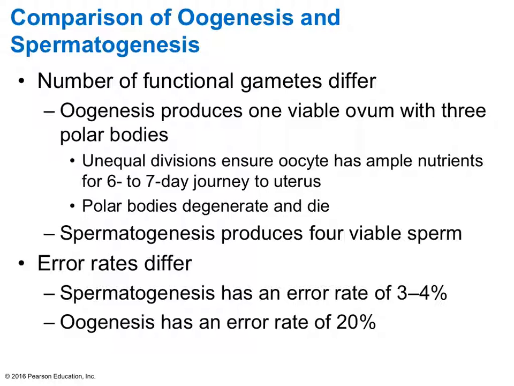The oocyte that's going to potentially become that viable ovum has to get from the ovaries to the uterus, so it gets most of the parent cell, cytoplasm, and mitochondria and other organelles to fuel it on that journey. The other cells, the polar bodies, just disintegrate.